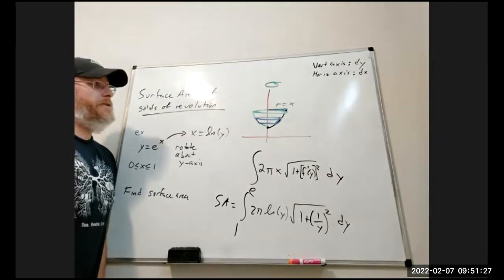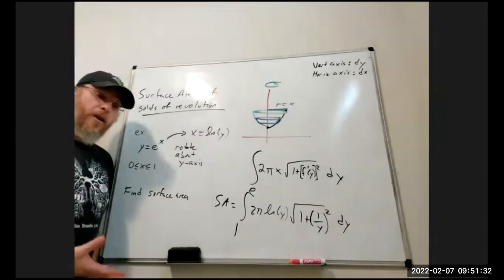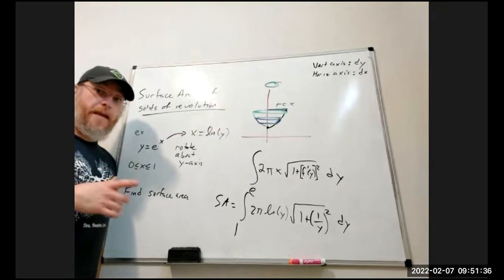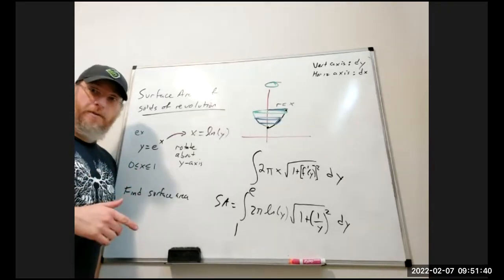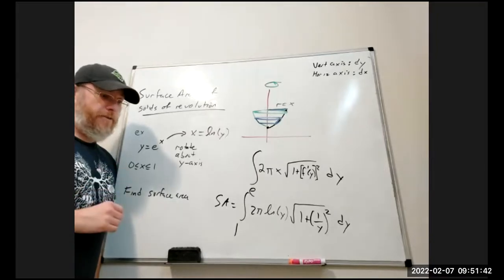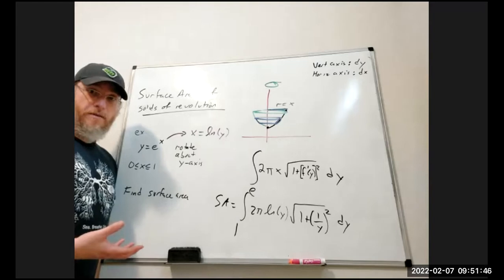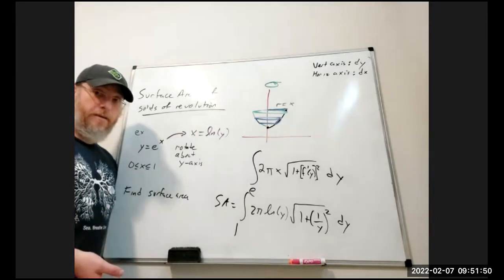So there's the setup for that guy. It all comes down to the same as before: we need to figure out the radius. Just like we had to figure out the radius for volumes, we have to do that for surface areas. We're just using a different formula now, 2 pi r times the arc length.